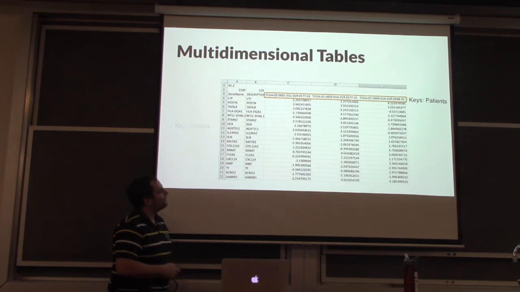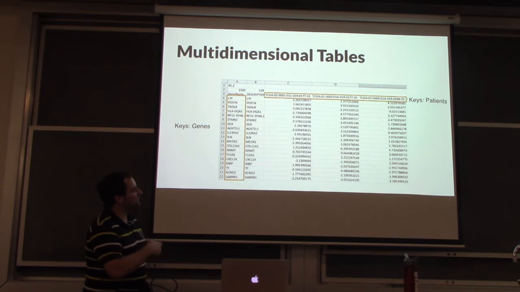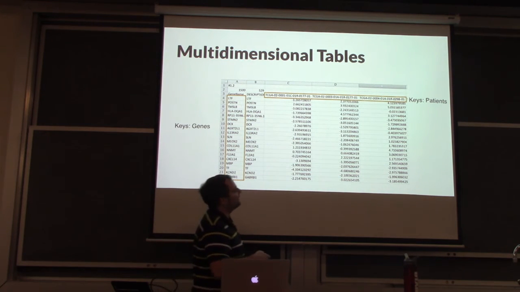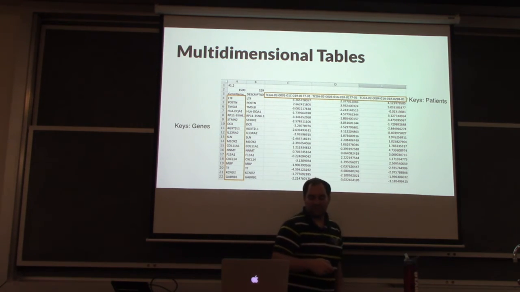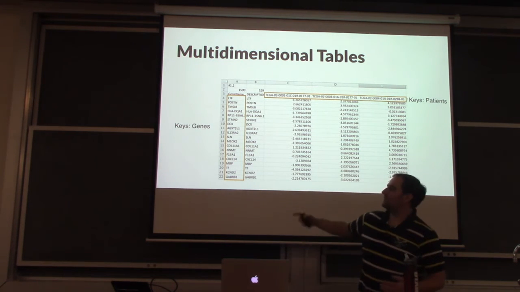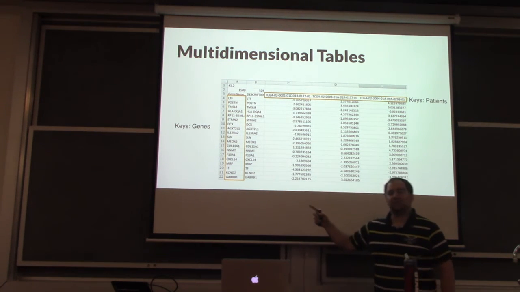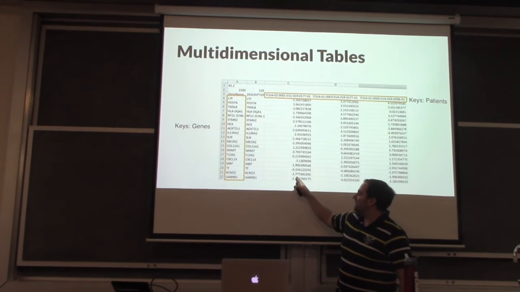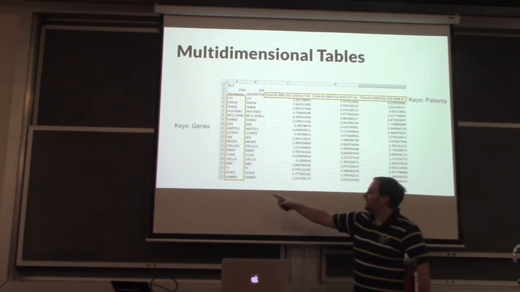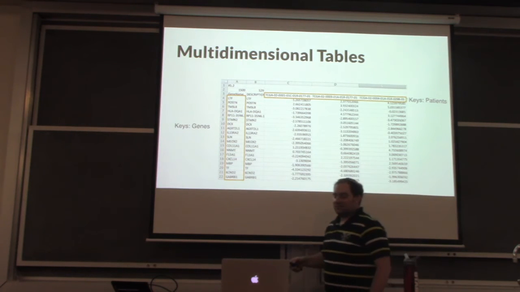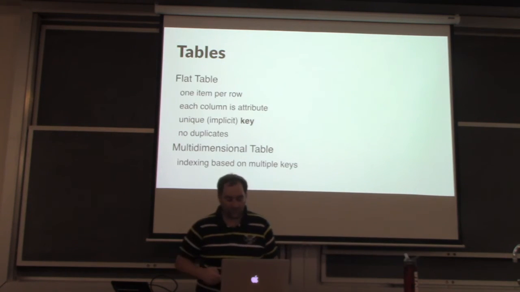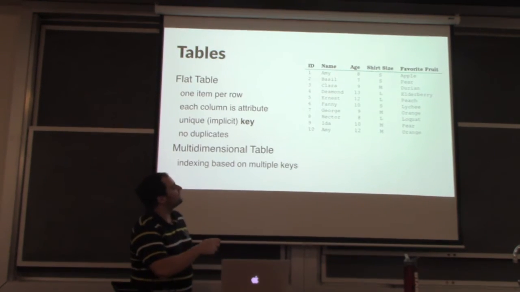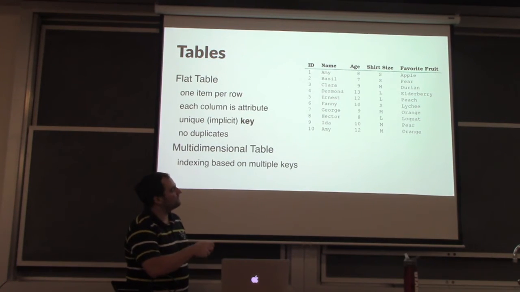We have keys patients, and then we have keys genes, and these are gene expression values for all of these patients. So in this table we only have one data type, right? This is always the combination of a gene to a person. And in these other tables, we can have more complex data types, right? We have strings here, we have numbers here, and so on.